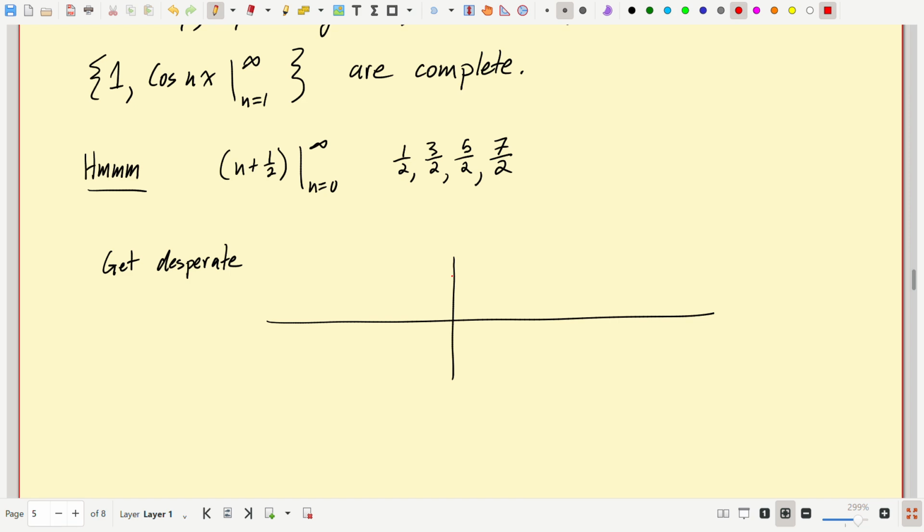Let's see, that 2 in the denominator makes me think maybe my period isn't the right thing. 1, 3, 5. Oh, blast. I didn't write this down right in my notes. Let's see, if I was going to be desperate, get cosine.